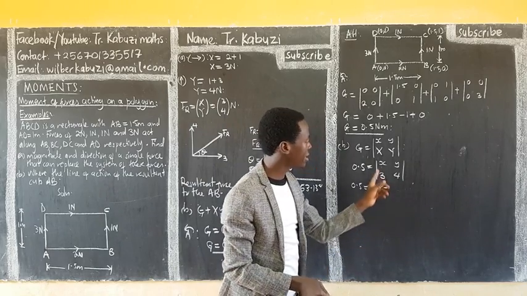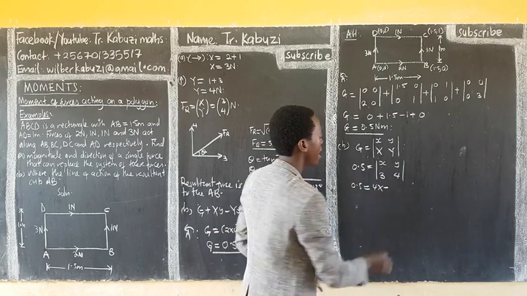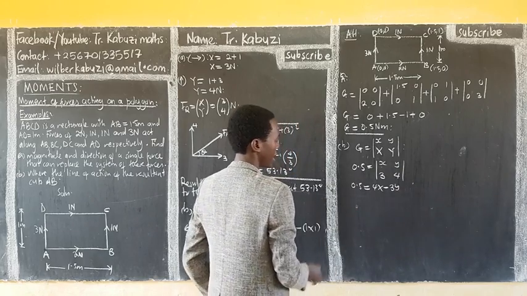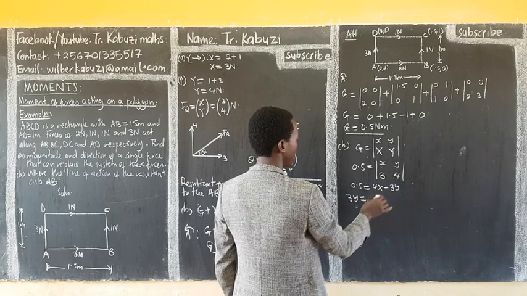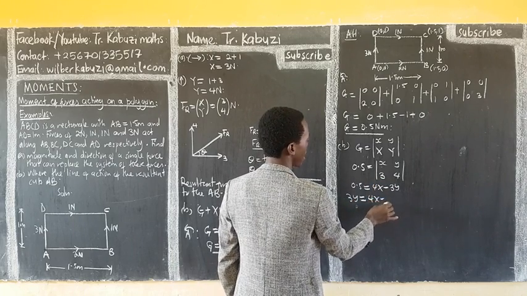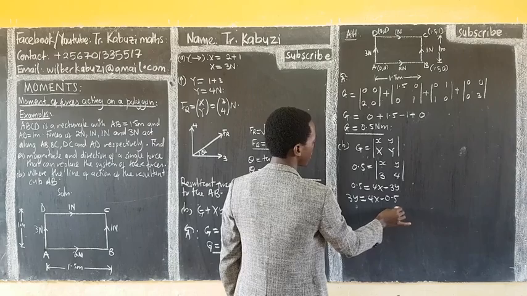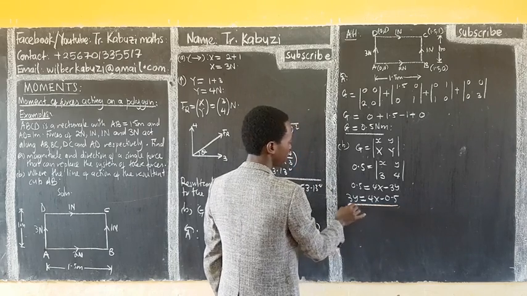How do you get the determinant? The product of the major, then minus the product of the minor, which is 3y. Which when you take this side, you have 3y equaling 2. When I take this side, 4x minus 0.5. And that's going to be the line of action.